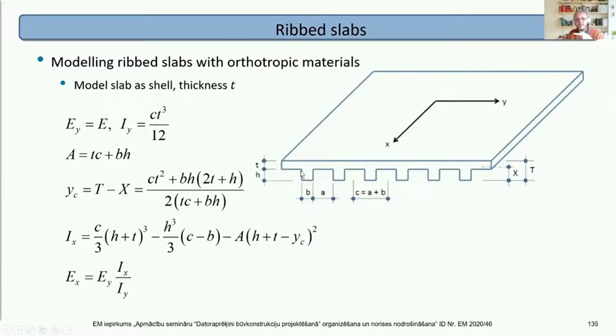Reality is it's the I value that's changing, but we can manipulate this to give us an equivalent E value, because the important thing is not the I or the E, it's the EI value, the combined section and material stiffness, to give us the overall stiffness of the section. That's the thing we're looking for.